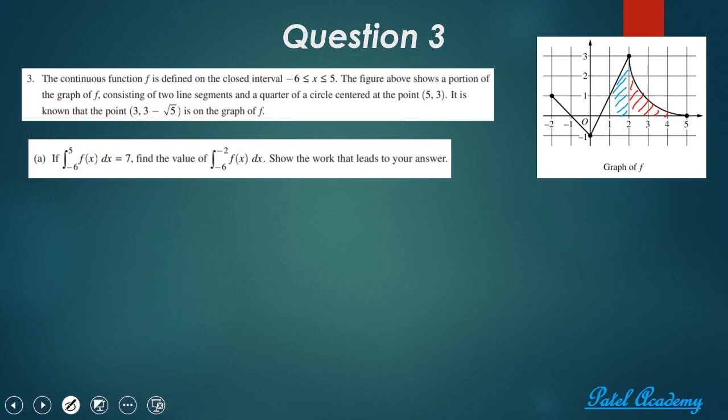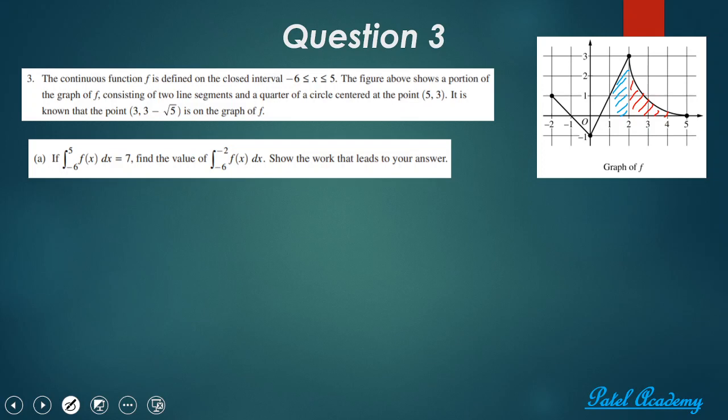All right, so reading the question, it's a continuous function, as we can see over here on this closed interval. The figure above shows a portion of the graph of the function consisting of 2 line segments and a quarter of a circle, as we discussed earlier. We also are given this exact point, 3 and then 3 minus root 5. Our first question asks for the integral from negative 6 to 5 of this function.